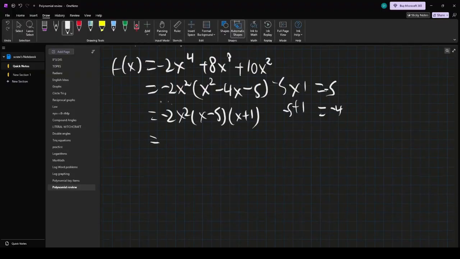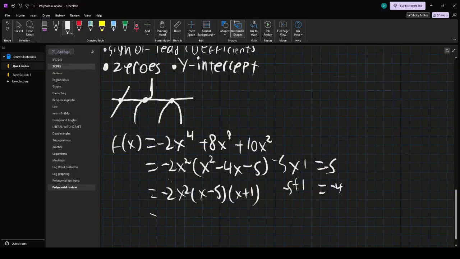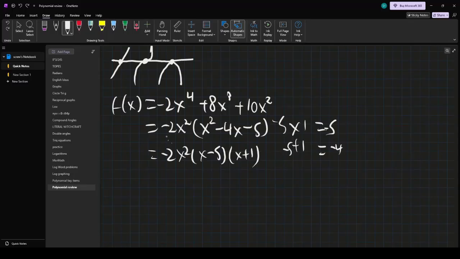Cool. So now we just set each term in here to 0 to determine the roots. This is still 0 because 0 divided by -2 is still 0, and then the square root of 0 is 0.